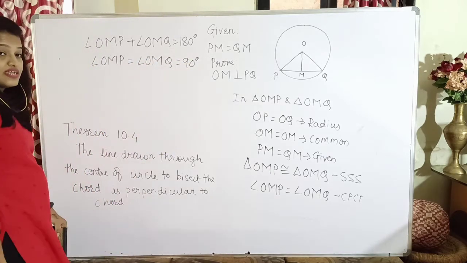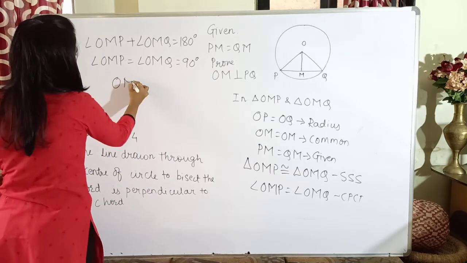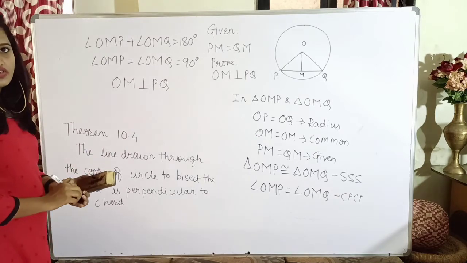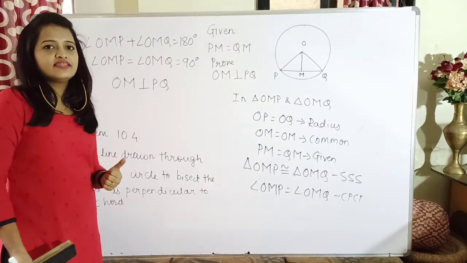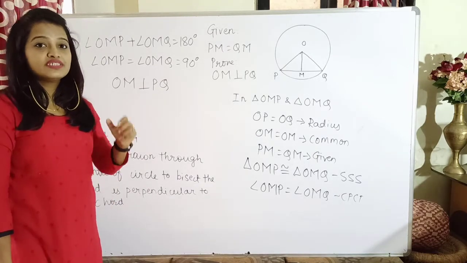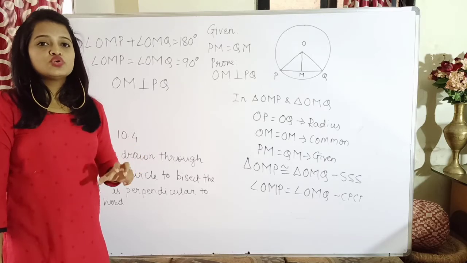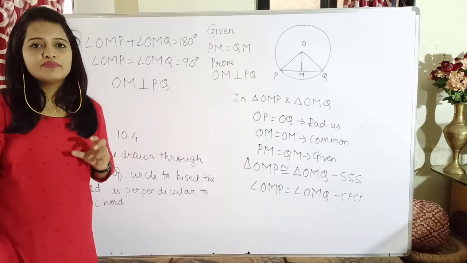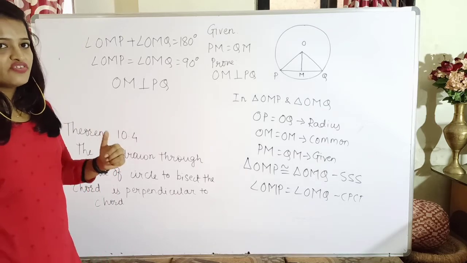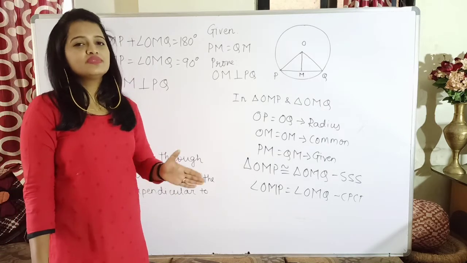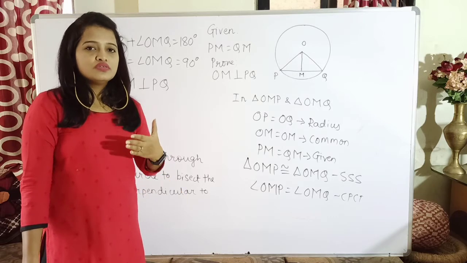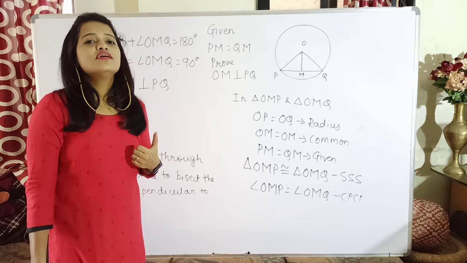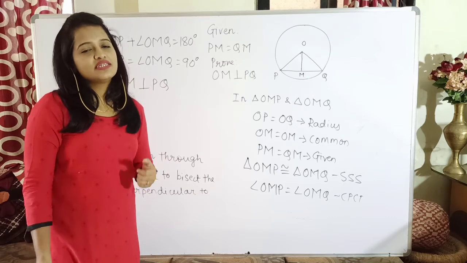Yes, and if both are 90 degree, what does it mean? It means OM is perpendicular to PQ. Okay, so that is the converse theorem, saying that if you are drawing a line from the center of the circle so that it bisects the chord, definitely that line is going to be perpendicular. And the straight theorem says if you are drawing a perpendicular from the center of the circle to the chord, the perpendicular line will bisect the chord.